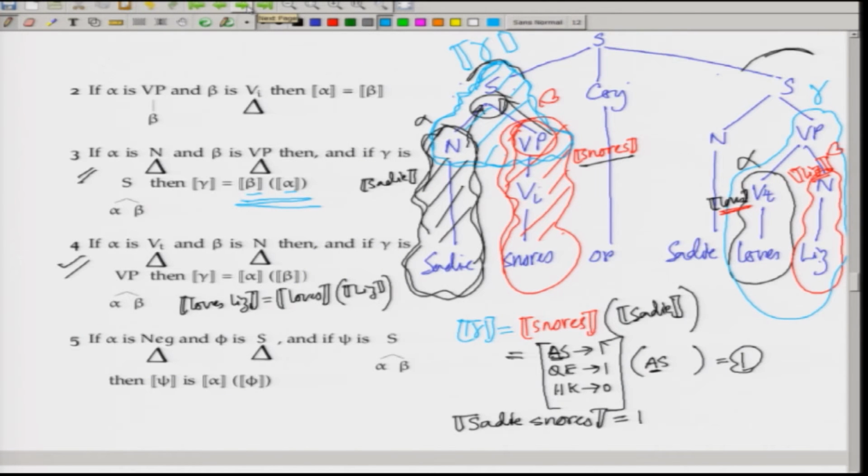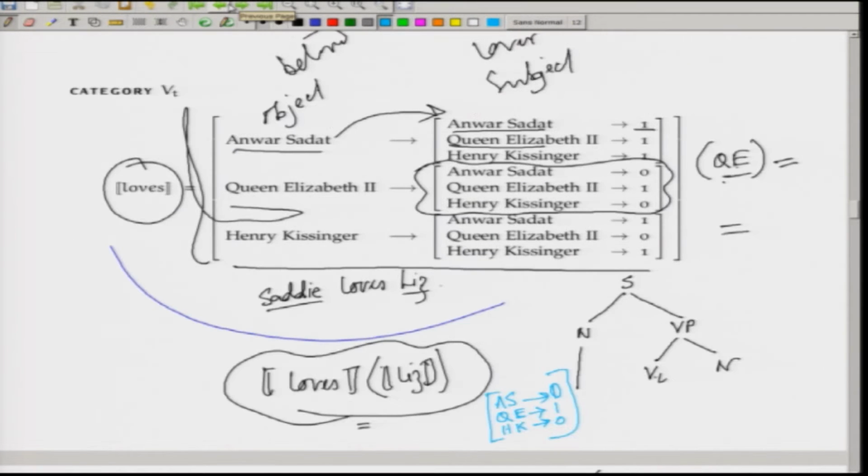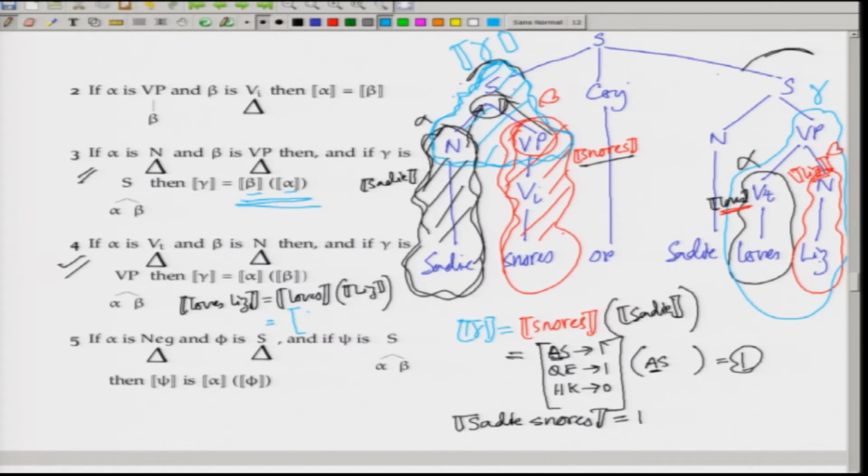So, we are now considering this function, where once again a s is 0, q e is 1 and then h k is 0. This is the reference of loves Liz.